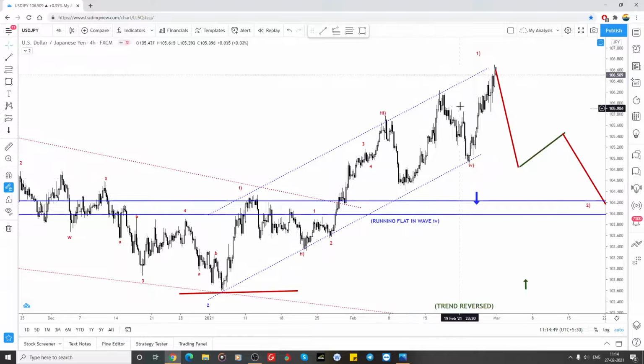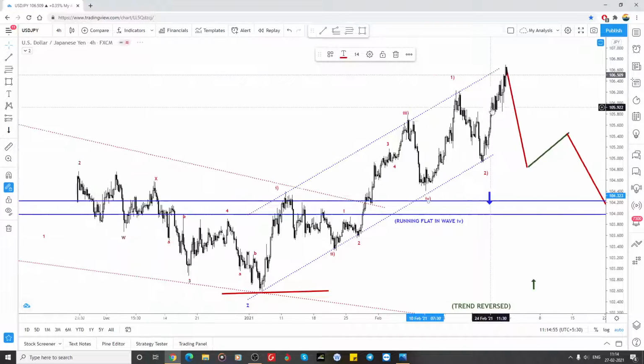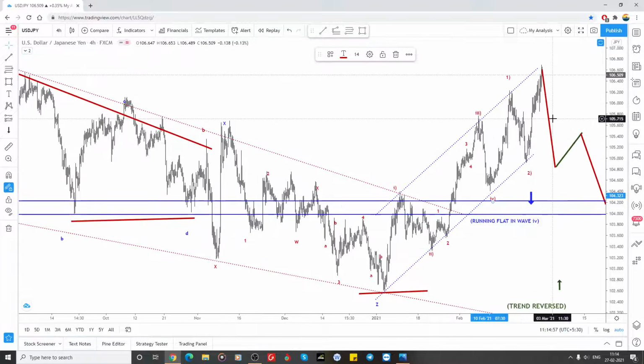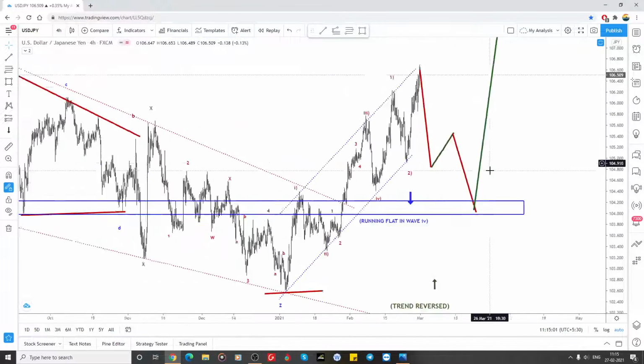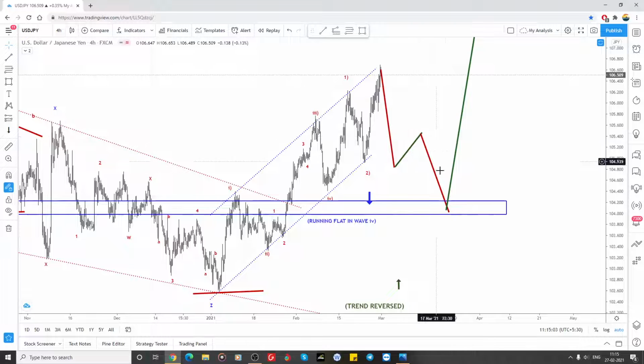Whether it is a five-wave structure, it's got over 1, and if it is a 2, it can clearly shoot from here itself. That is also valid. I'm not saying no. But what I'm trying to say is, if it comes like this, because gold has already reached what I expected at 1715, then if it is pulled back to the 1850 zone, it may get a pullback to the 104 zone.